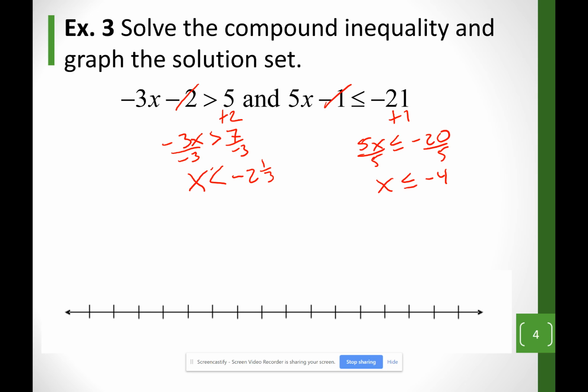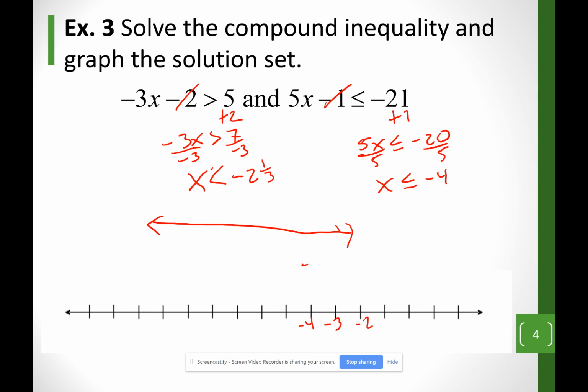Now here, my numbers, I'm going to label them negative 2 and negative 3. Okay, I can easily graph that one. So this right here is negative 4. Negative 2 and 1/3 is a parenthesis, and it's about here and goes to the left.